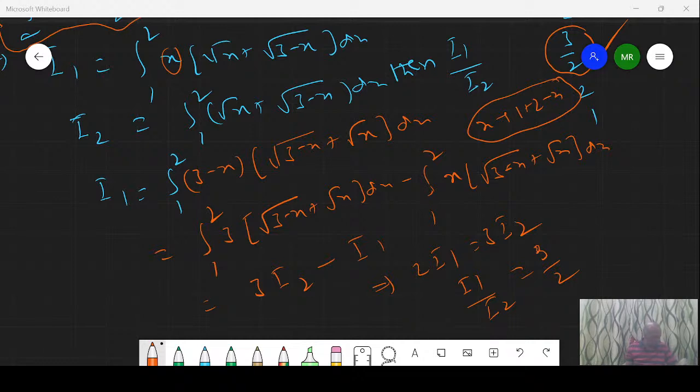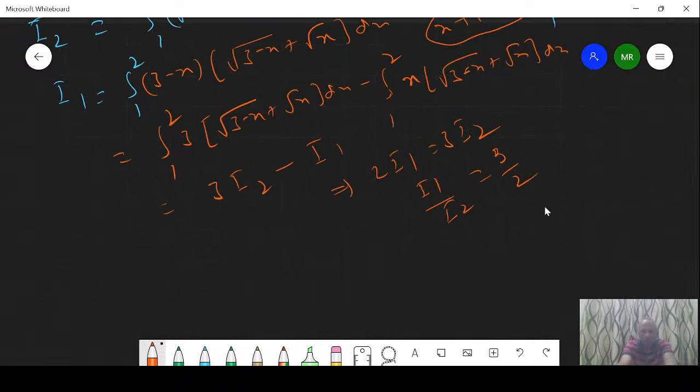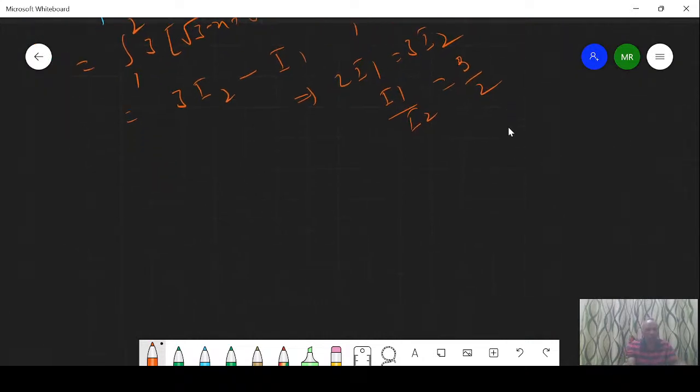See this problem, you can write the integral from minus pi by 2 to pi by 2. You can see the problem, related to even and odd functions.